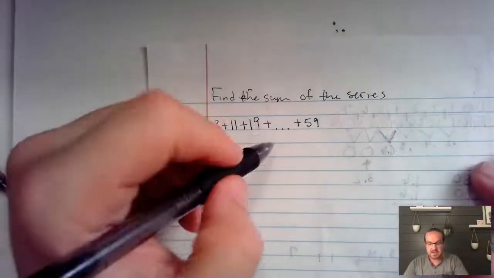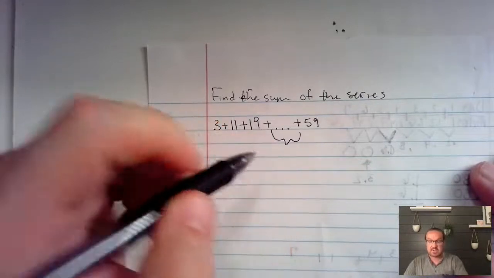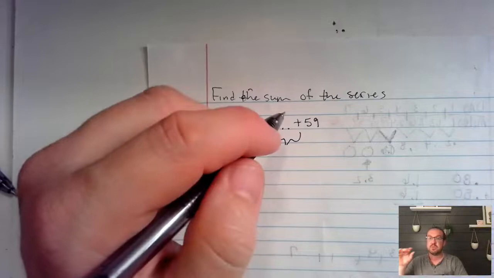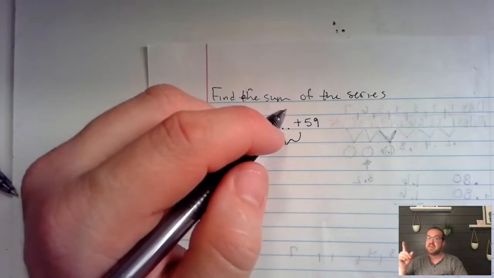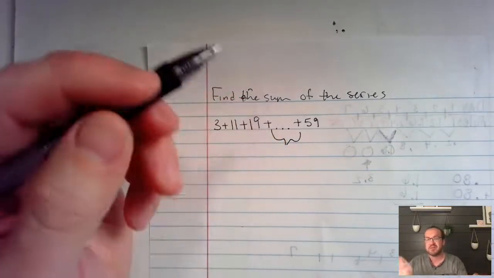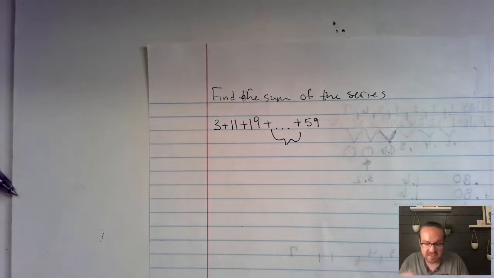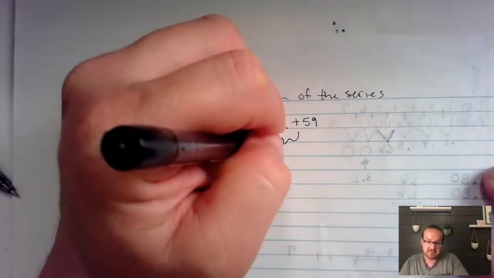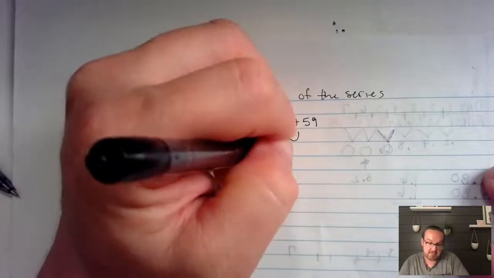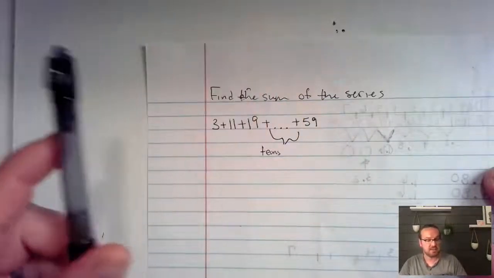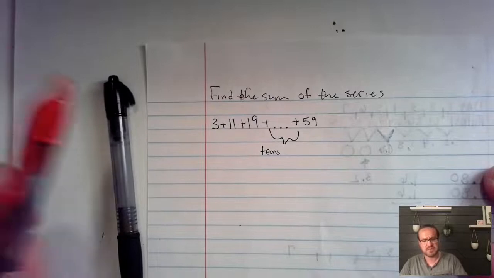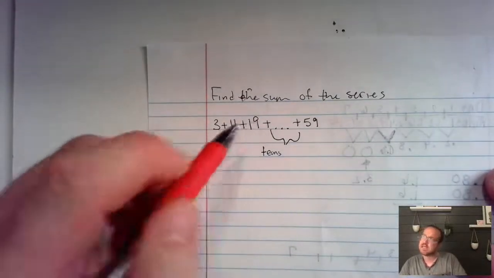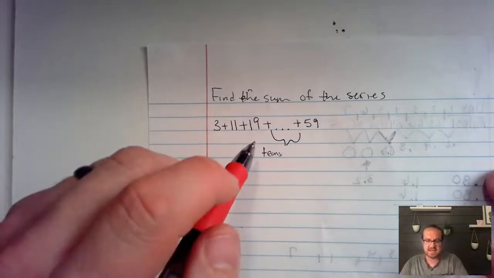means, that just means that there still are terms there, right? But instead of writing out every single term, they're just giving you a rough idea, it ends at 59, right? So there are terms here. We don't necessarily have to find them. You might find them. Maybe that's something that you want to do. For example, if you say, okay, 3 to 11, 11 to 19, looks like it's adding 8.